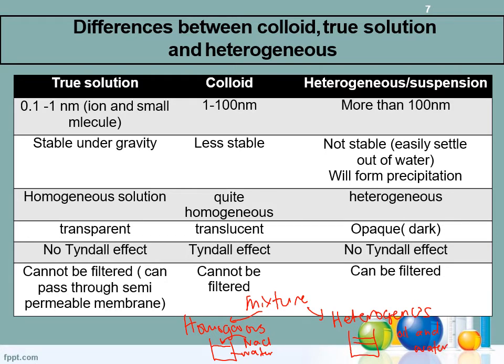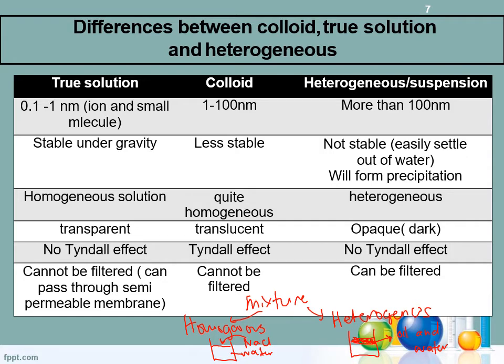Oil and water will form a heterogeneous mixture whereby the oil will be on top of the water, because oil is non-polar and water is polar. Non-polar will not mix with polar.